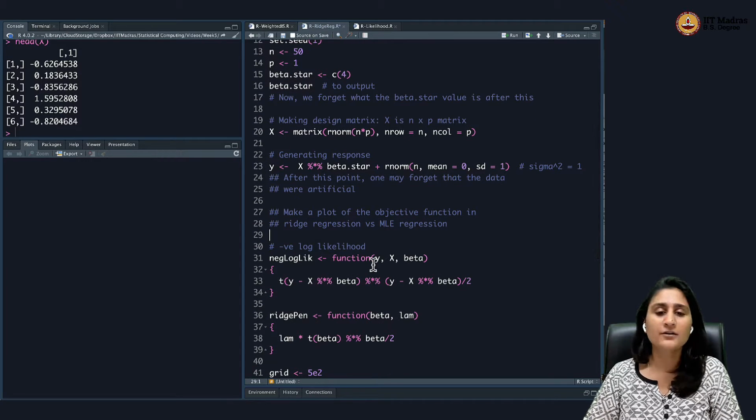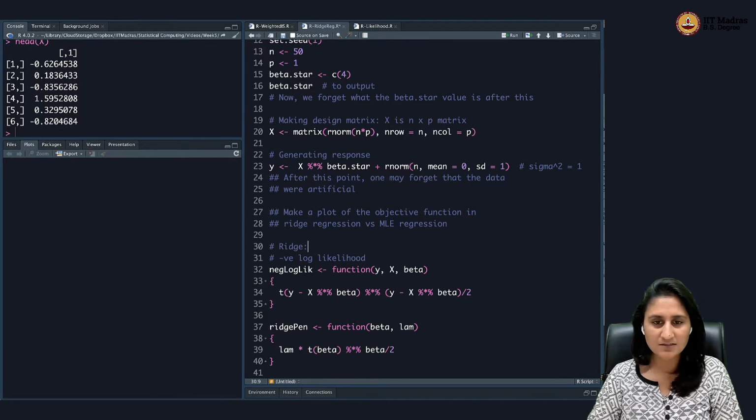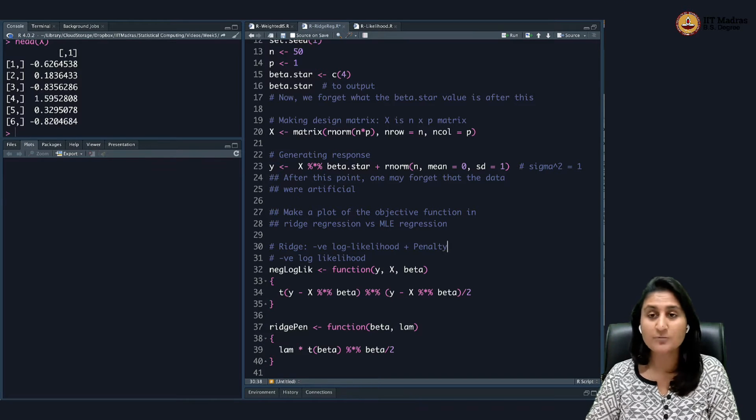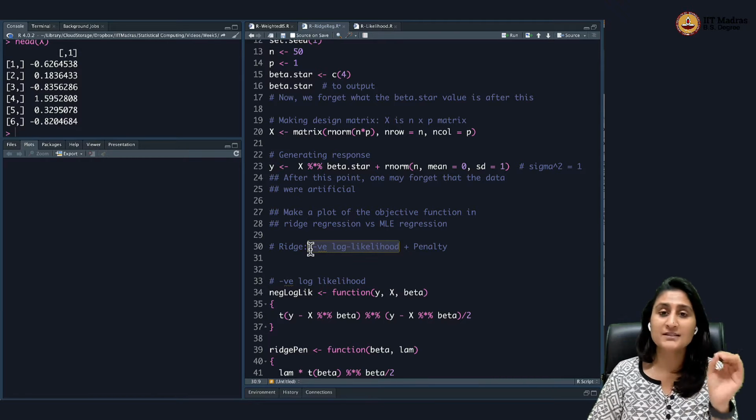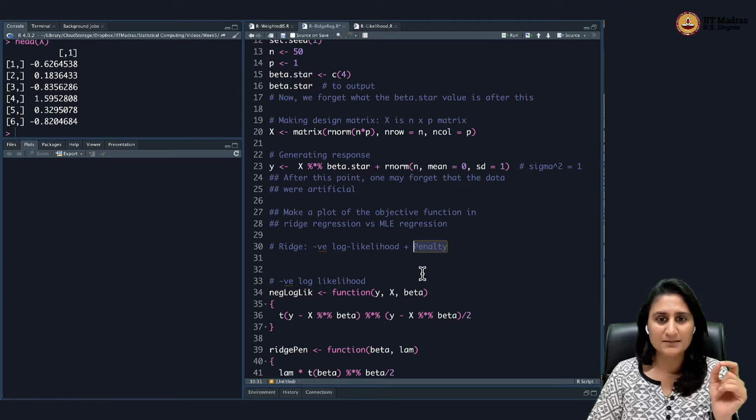So for that, recall that ridge is negative log likelihood plus penalty, right? That's what the ridge objective function is. So that means first I need to have a function that calculates the negative log likelihood. Then I need to have a function that calculates the penalty.